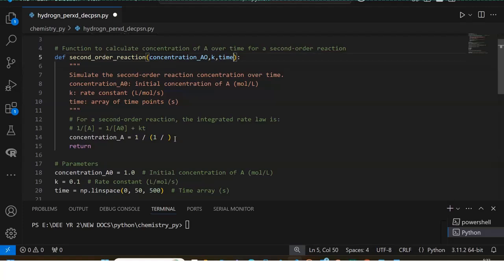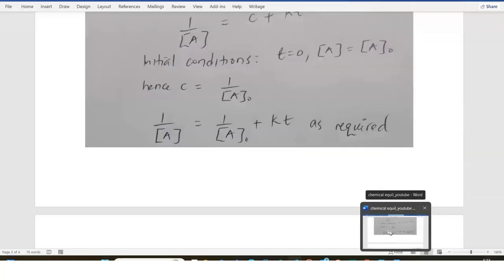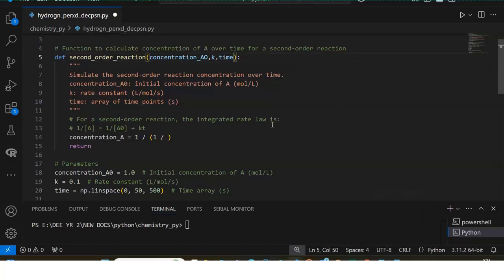The concentration of A at any one point is going to be 1 divided by 1 divided by the concentration at 0, plus k times time. So we are putting it here. If I want to get this concentration of A, I'll just bring this, I put it under 1.